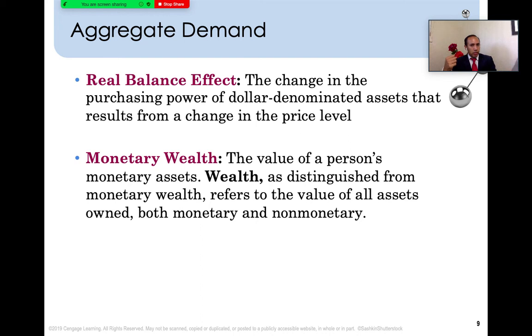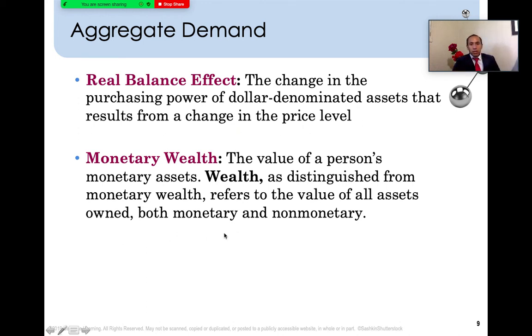It can either decrease in value, or it can increase in value if the price of that product increases. When we're looking at the real balance effect of monetary denominated assets, if the price level increases, the asset may increase in value. If the price level drops, the asset may decrease in value, and so it is for physical assets and tangible assets as well.